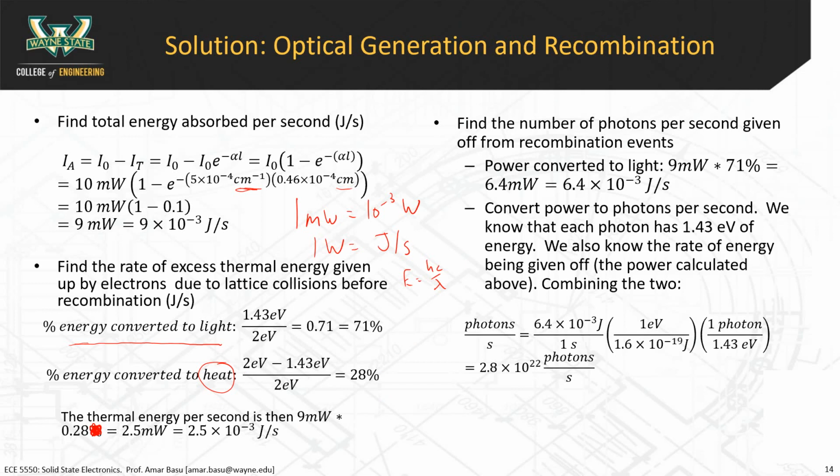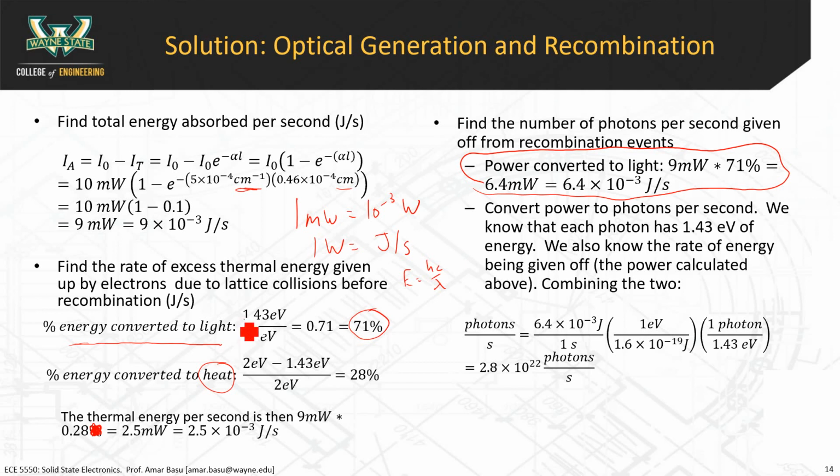Now, the last part asks about the number of photons per second given off from recombination events. Keep in mind that the question didn't ask you the more basic one. The basic question would be, just like part B, what's the rate of optical energy generated? The rate of optical energy generation is just what we found in the previous part of the problem, right? 71%.